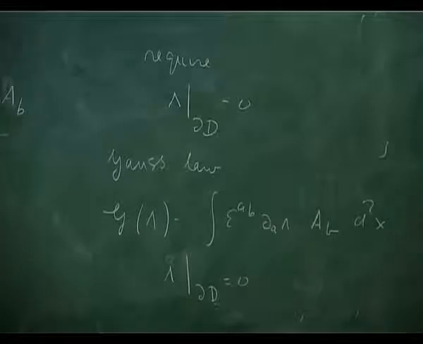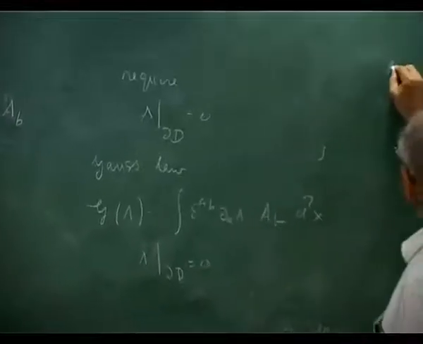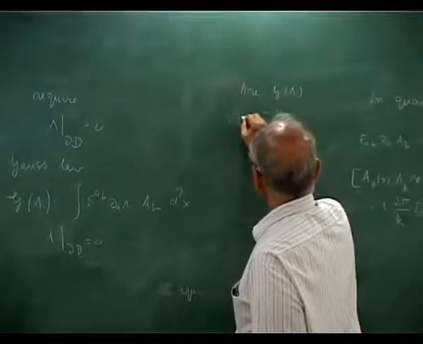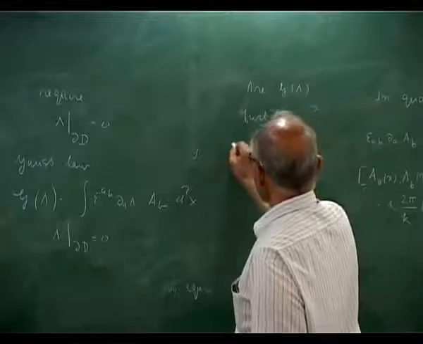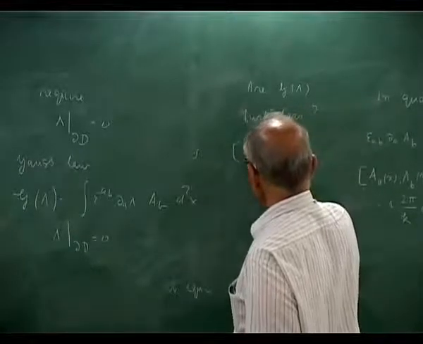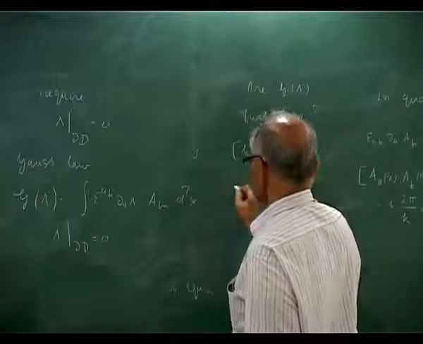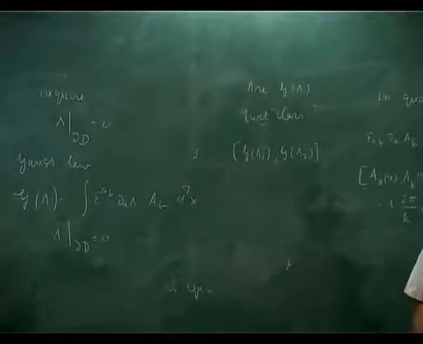Now, what happens? Are the G lambda first class? That is to say, is it true that G of lambda 1, G of lambda 2 close?